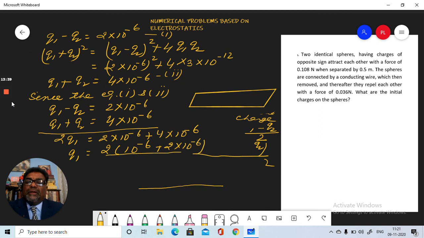This 2 and 2 get cancelled. You have Q1 is equal to 3 into 10 raised to the power minus 6 coulomb. And similarly, you can calculate for Q2. Q2 is 10 raised to the power minus 6 coulomb. This is your desired answer.